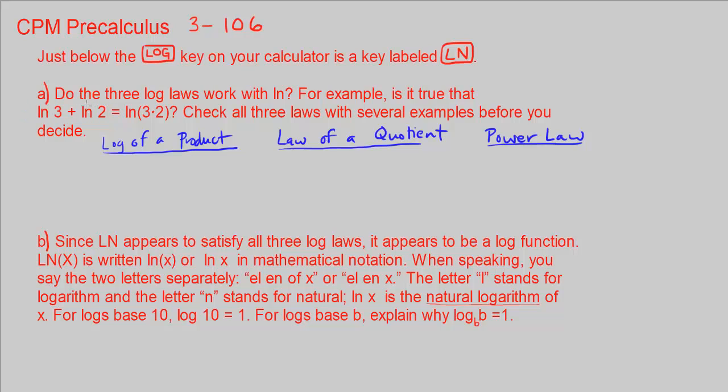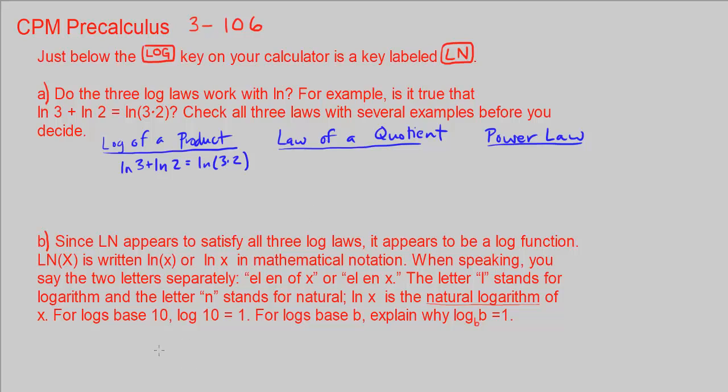Ln of 3 plus ln of 2 falls under the log of a product. So let's write that one here: ln of 3 plus ln of 2, is that equal to ln of 3 times 2?